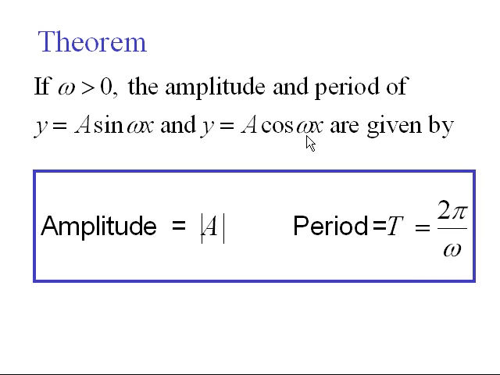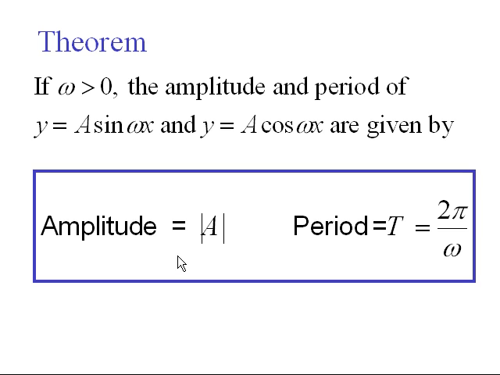It has the effect of stretching out the x-axis by that factor. So cosine or sine of omega times x has period not what the period would be with omega 1, which is 2 pi, the period of the sine or cosine functions, but period 2 pi divided by omega.